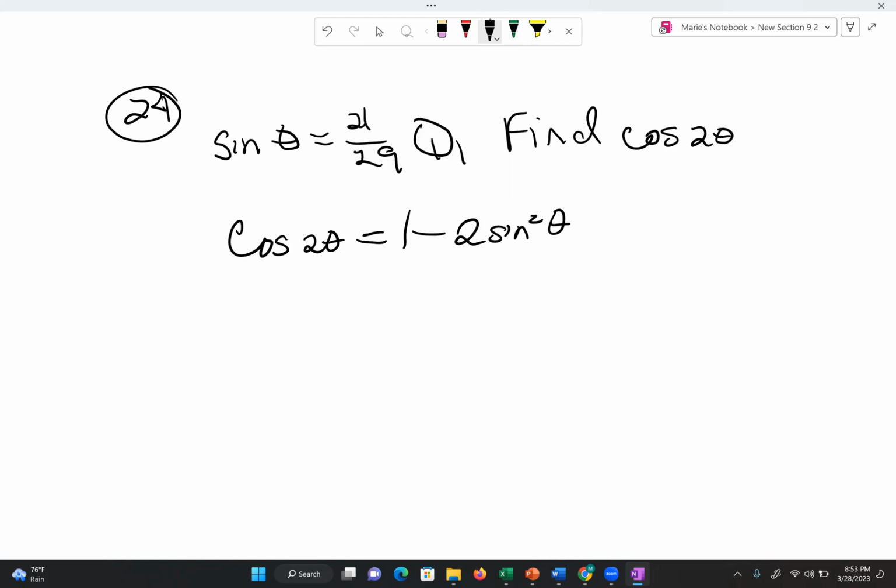So I'm going to go with 1 minus 2 times 21 over 29 squared. And when you're done with the math, it may take you a minute, you're going to end up with negative 41 over 841. So that's number 24.